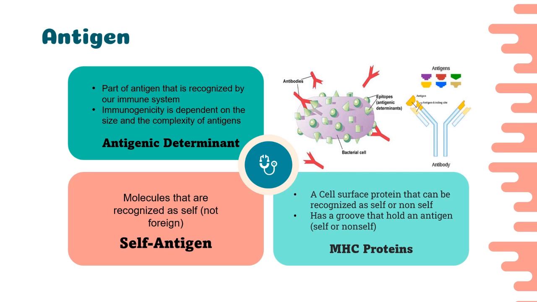These are mainly proteins on the cell surface that have a groove where an antigen is presented to our immune cells. And as we can see here, these are the MHC proteins, and the dark brown ones are the antigens that are present on the MHC protein.